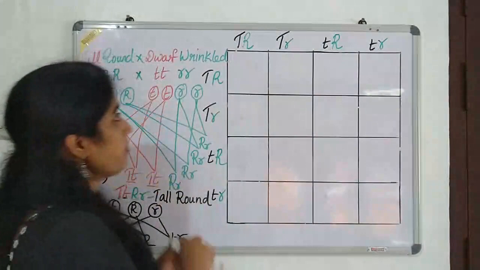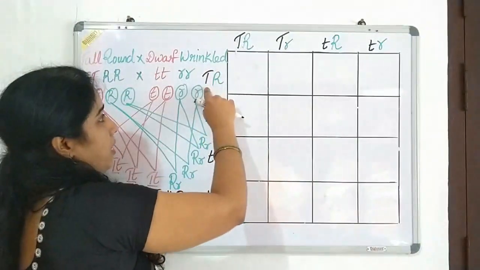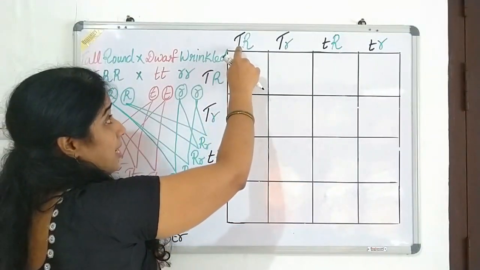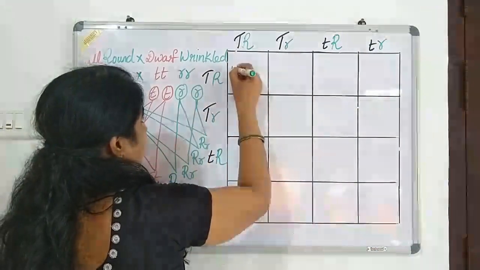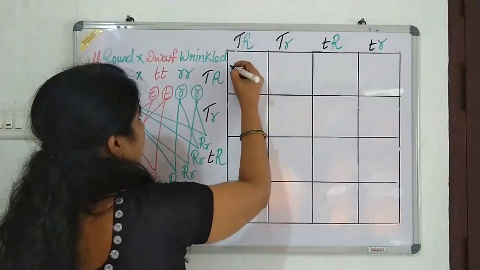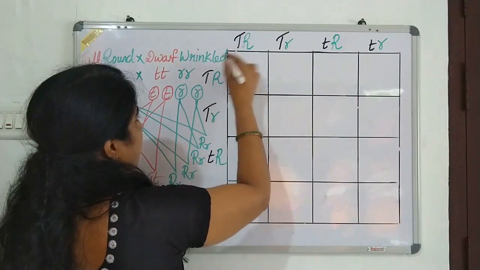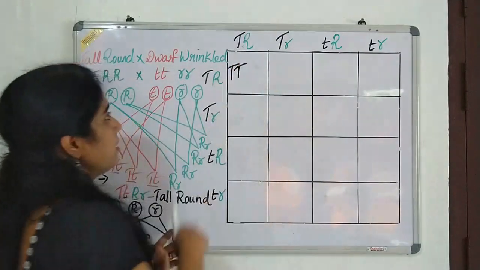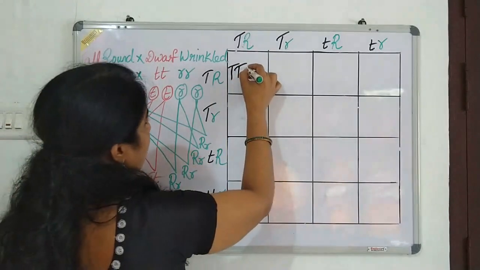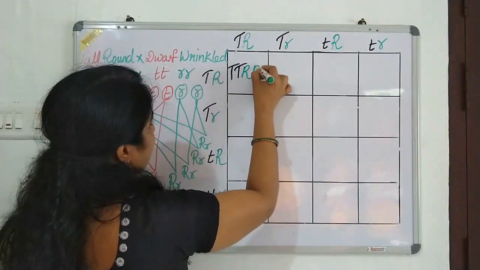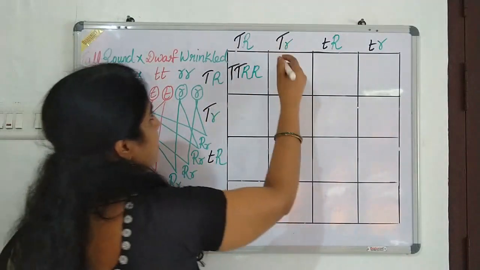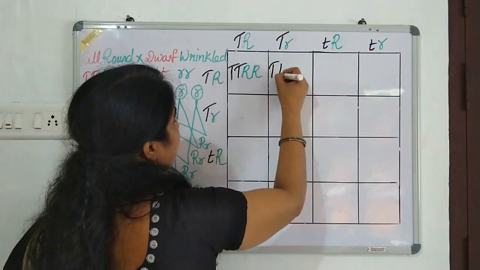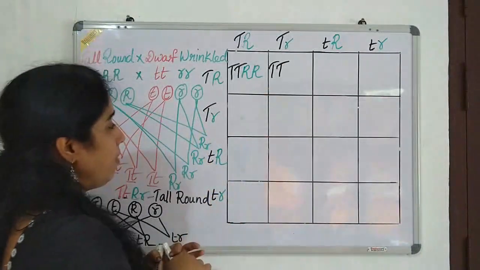Observe it carefully. Here one T, here what is that? T. Both are capital. So capital T, then capital T, then what about R? Capital R, capital R. Here capital T, capital T. What about R?